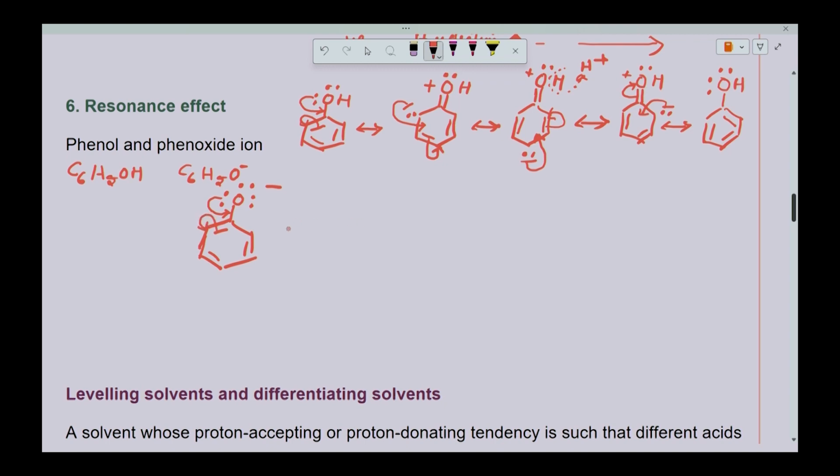So, I will write it fast because we have been discussing it in the other way. The only difference is in this case it is a phenoxide ion. So, here we will have a minus sign, the other two bonds as such, double bond O with two lone pairs. Sorry, there will not be any sign.